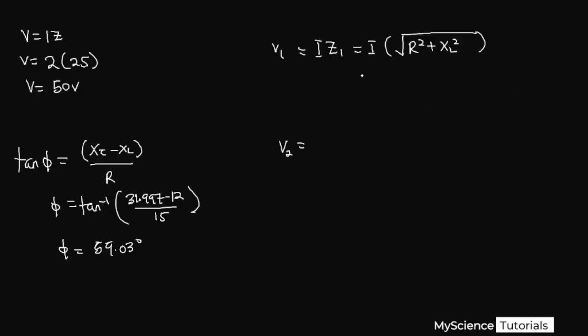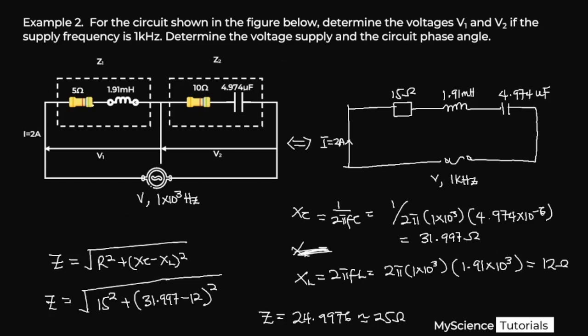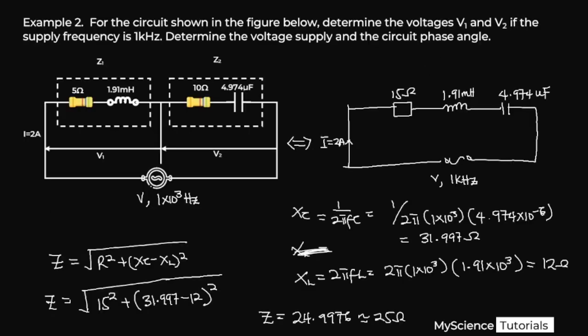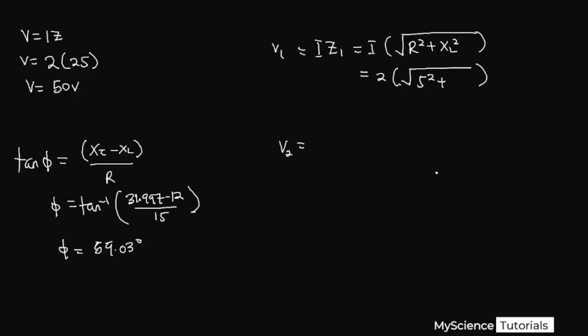So that is equal to our current, which we're told is 2, multiplied by the root of our resistance, 5, squared, plus our XL squared. Since we only have one inductor in this question, our XL is 12, so we have 12 squared. If we do the multiplication, we get a total of 26 volts. So this is our V1.